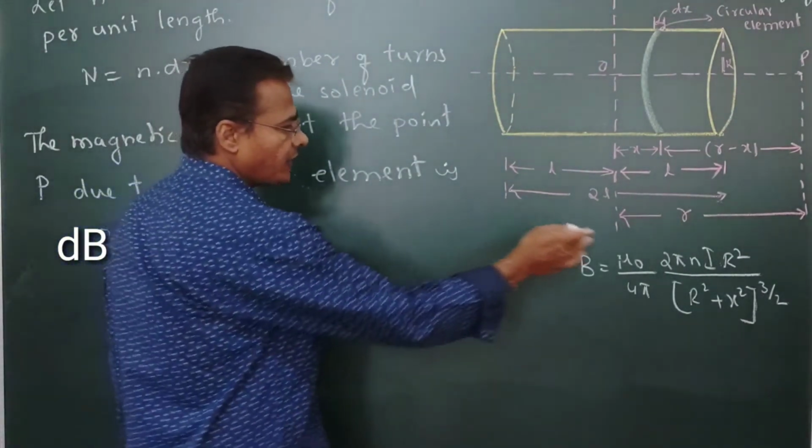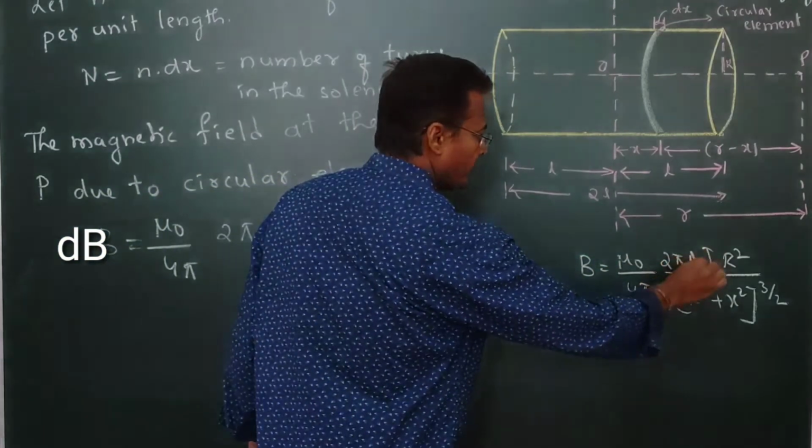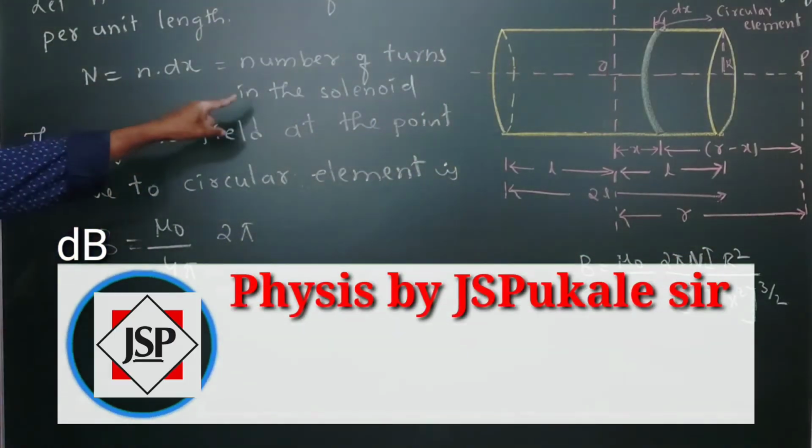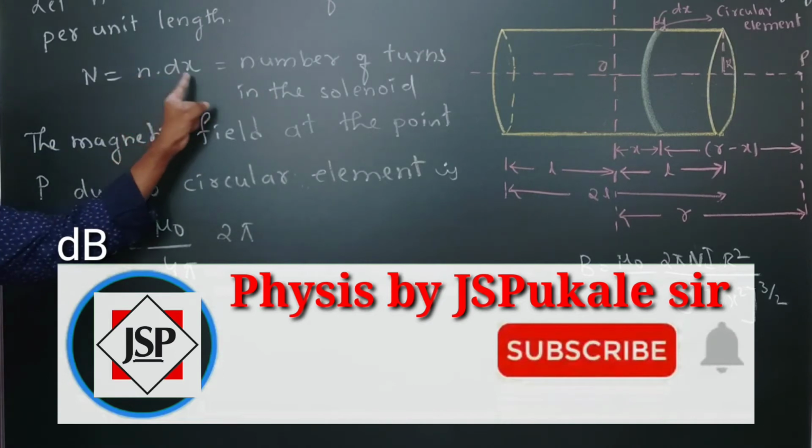Here capital N is the number of turns in the solenoid, so the number of turns in the element is n dx.